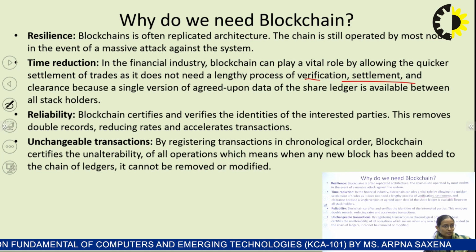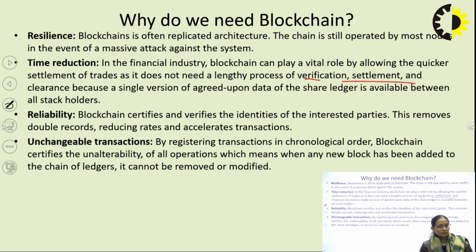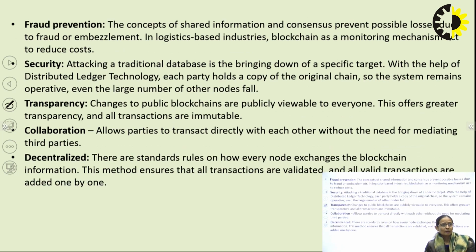Reliability. Blockchain certifies and verifies the identities of the interested parties. This removes the double records, reducing rates, and moreover the transactions are being recorded very fast. Unchangeable transaction. We have seen that once something is written in the blockchain, it cannot be modified easily. Fraud prevention.